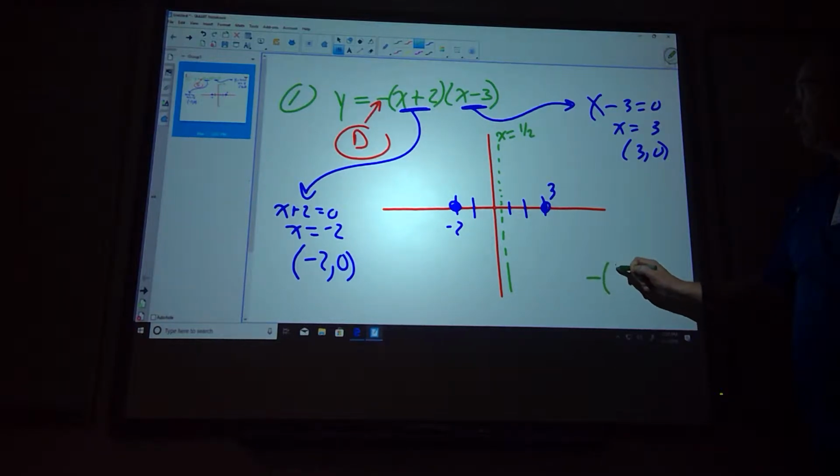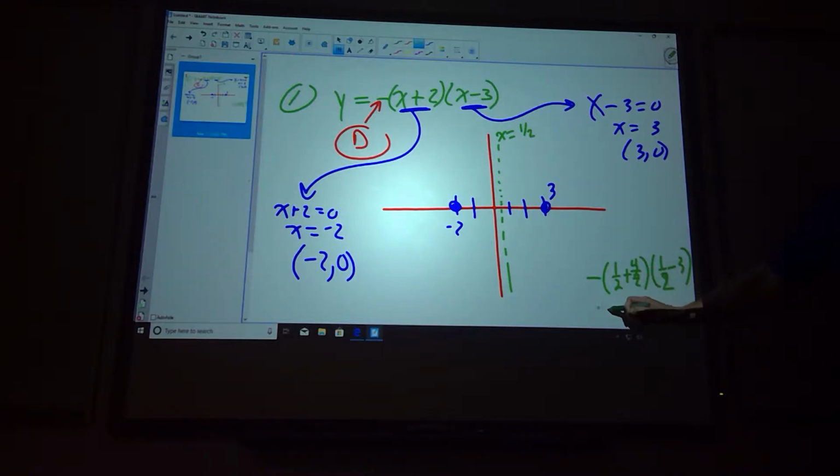So then if we plug half into our equation, I get negative half plus 2 and half minus 3. Okay, so let's do the math. So that's going to be the same thing as 4 over 2, so negative 5 over 2 right there. And then let's make that 6 over 2. 1 minus 6 is negative 5 over 2.